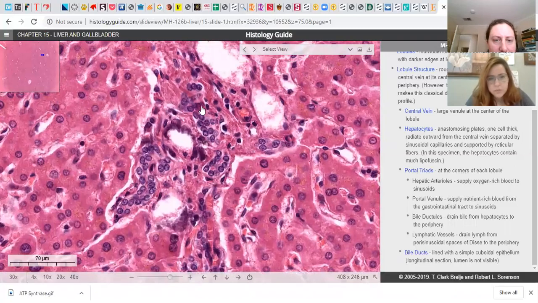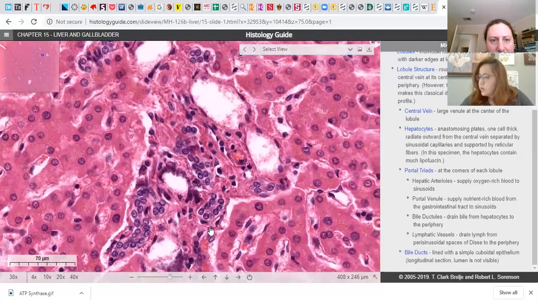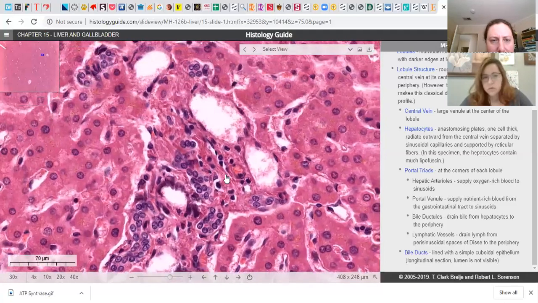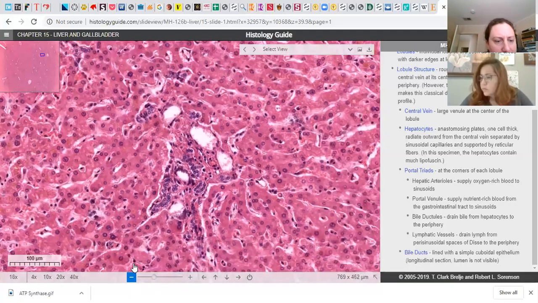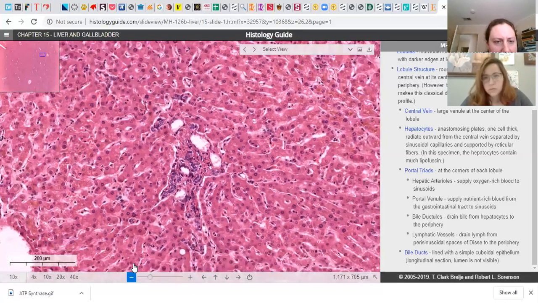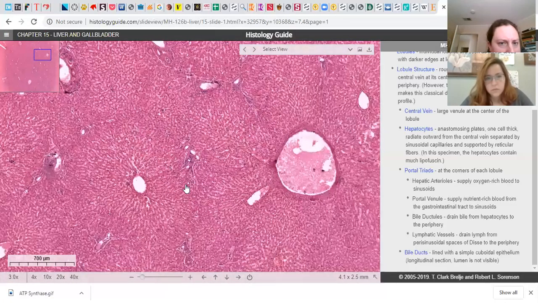This looks like bile duct, but the artery and the vein are not well distinguished. You can just see three circles here, which means we're at a triad. So if we don't have good examples, then it's going to be hard for me to ask you to identify it. But let's see.